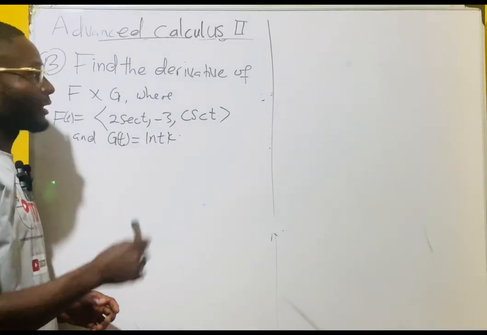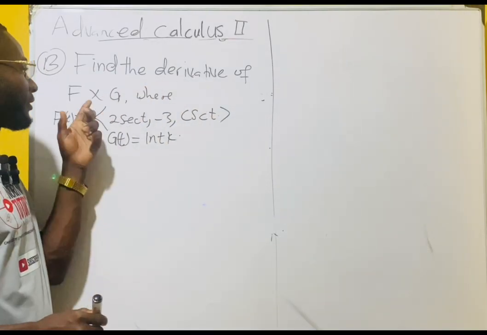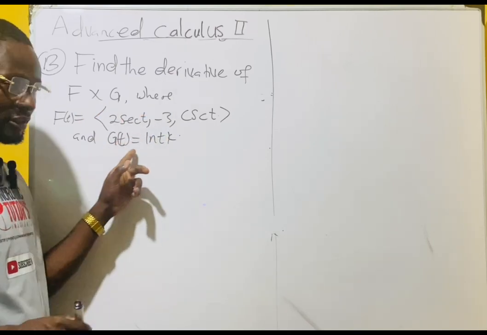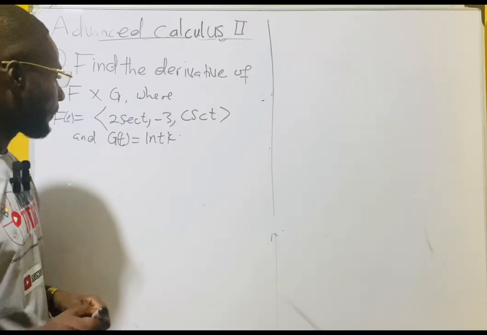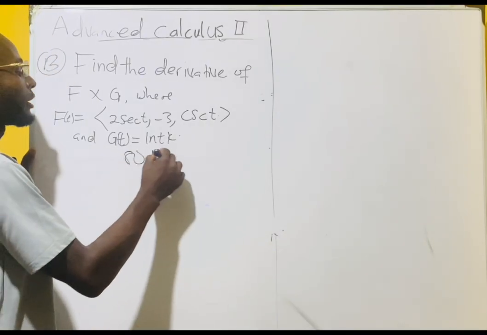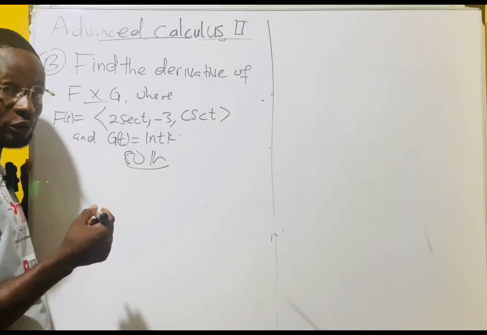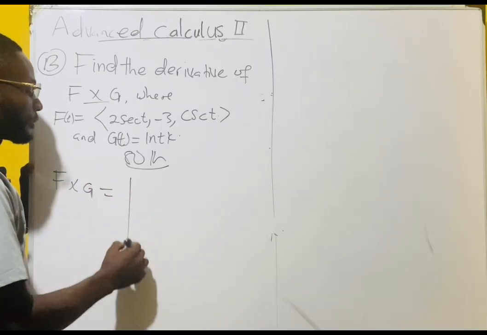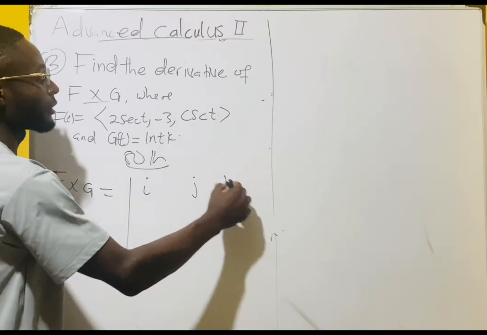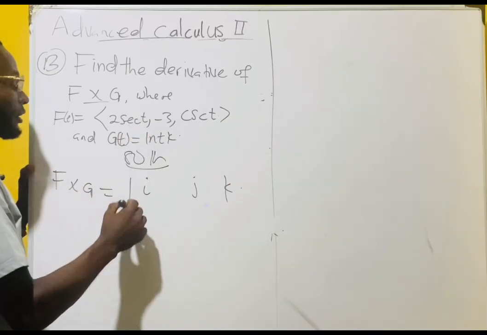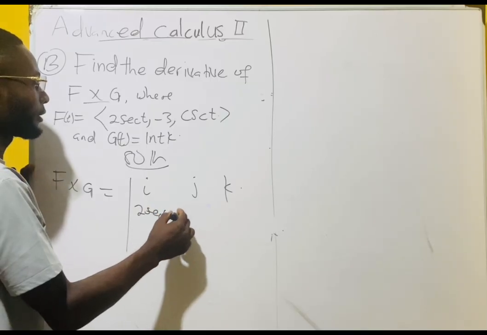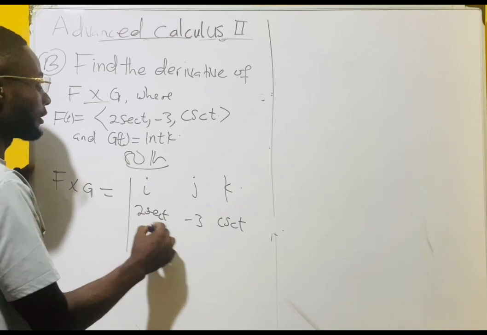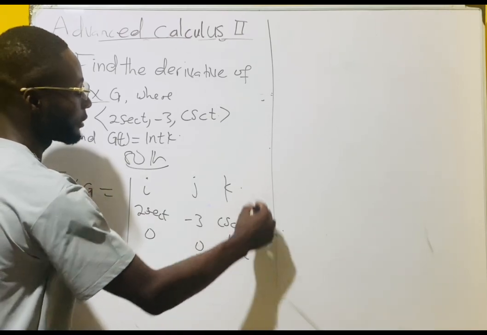With question number 13, you want to find the derivative of f cross g, where f of t is equal to this and g of t is equal to ln t. Once you see cross, it means that you're going to use a cross product. So f cross g will be equal to i j k, so you position them correctly, minus 3 csc t, and then we have 0, 0, ln t.